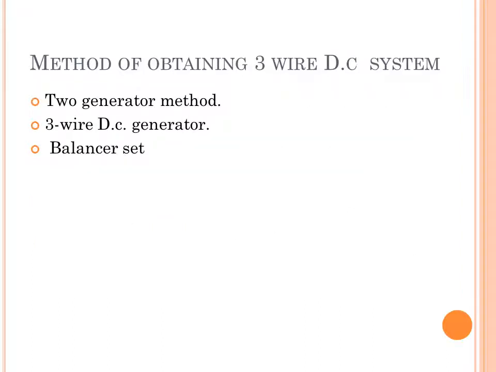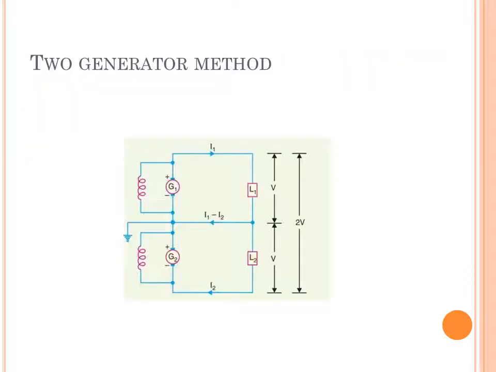Then method of obtaining 3 wire DC systems. There are 3 techniques to obtain a 3 wire DC system: the 2 generator method, 3 wire DC generator method, and balancer set method. You can observe 2 generators are connected with a common point, as shown in the figure.